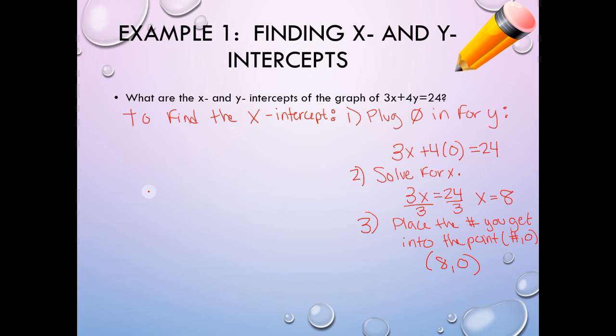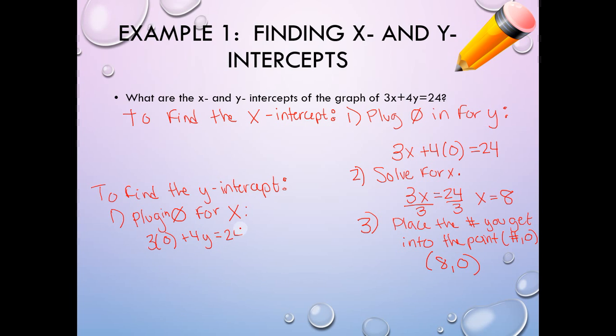Now, that's only to find the x-intercept. To find the y-intercept, you're going to do basically the same thing. Instead of plugging in 0 for y, you're going to plug in 0 for x. I have 3 times 0 plus 4y equals 24.